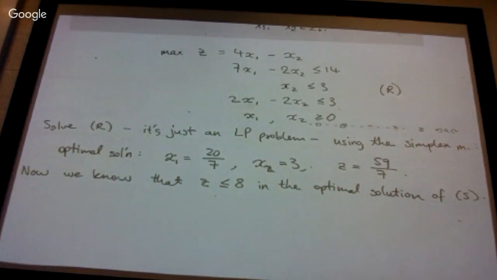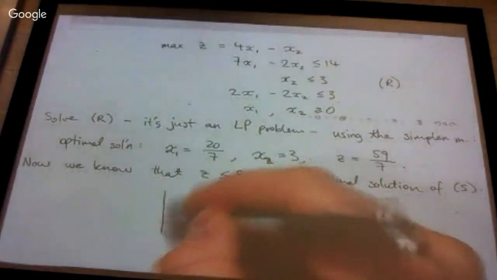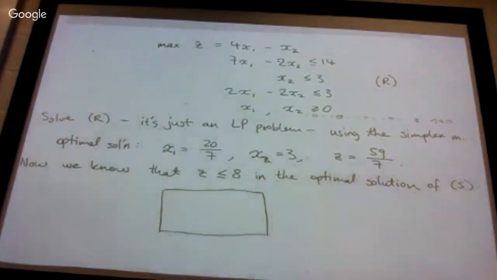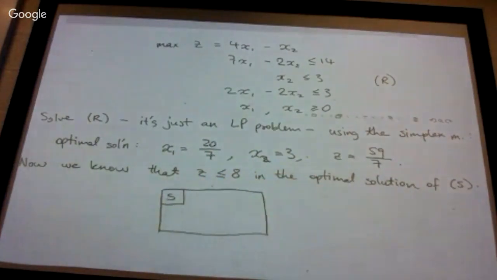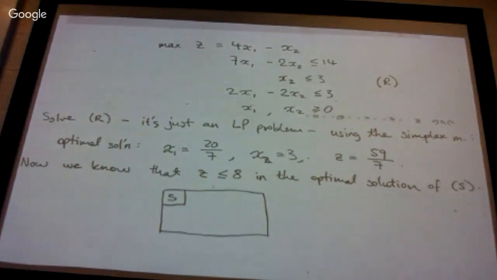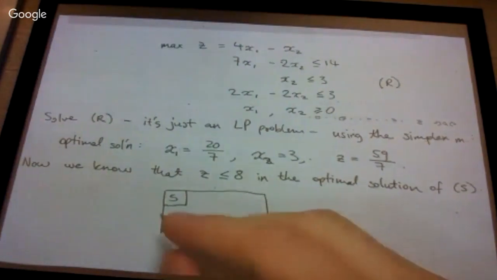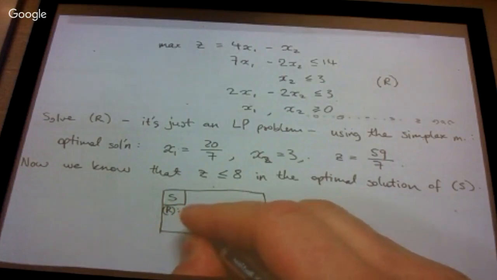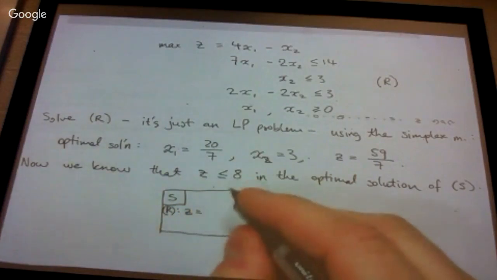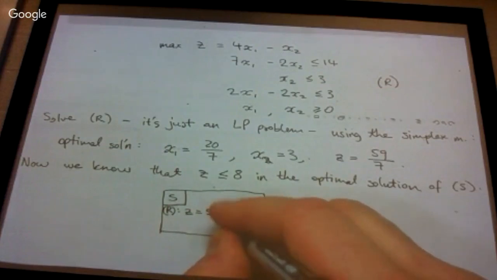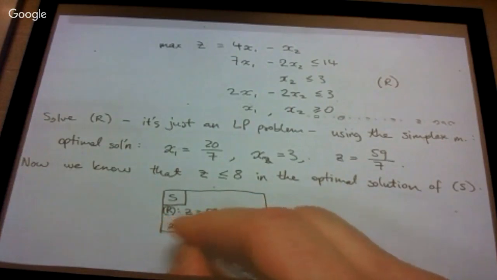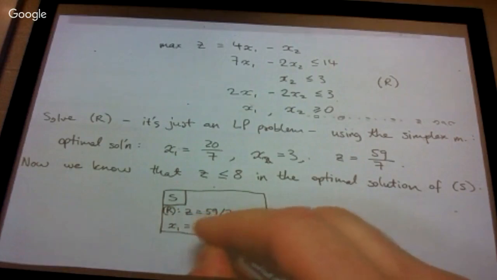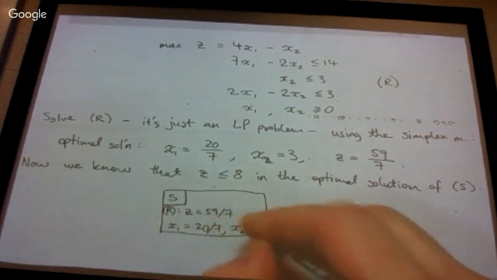So now we would like to do a similar branching thing as we did before. But before it was easy because it was either 0 or 1, and here it's not so easy. So here we're trying to solve S. And what we found is, now the relaxed problem, so the R gave us Z equal to 59/7, and x1 was 20/7, and x2 was 3.